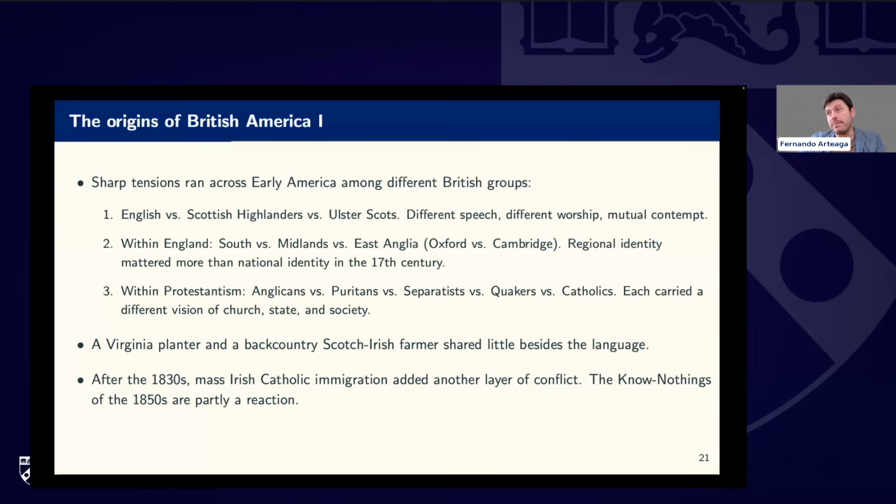If you're Catholic, more or less, if you are a Jew, for example, or if you have other religions, you would be accepted. That creates an incentive for a lot of people all across Europe to start migrating. For example, if you move to the interior of Pennsylvania, you must have seen that there are people of German ancestry. They were people persecuted in Europe because of their religious beliefs, and they fled and became established here.